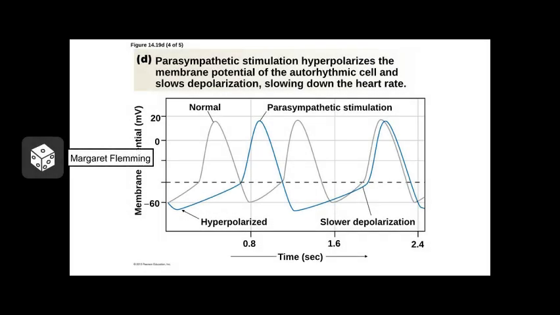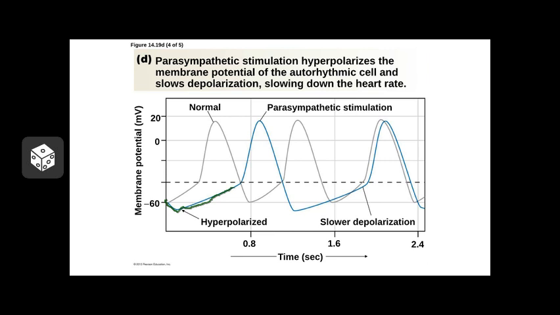This is a really good illustration of the change in the pacemaker potential of the SA node under normal circumstances, and if we were to add even more acetylcholine to the SA node. Under drastic parasympathetic stimulation, the bottom of the wave would be below -60.